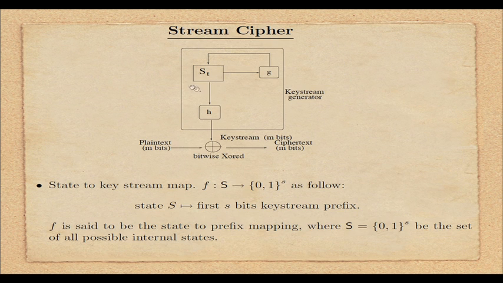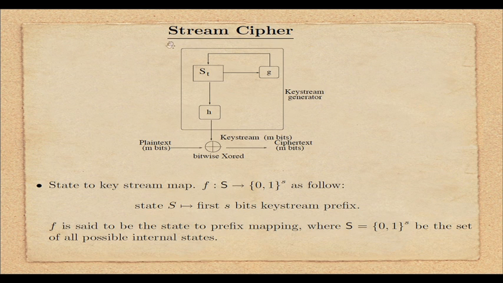Then each clocking, the state is updated by the g function. It takes the value of the state and its output gives the next state values, and for the key stream, it takes the value of the state at that point of time, applies an f function, and generates the key stream. Depending on how many key bits we need, we keep running this, and then that key stream is XORed with the plain text to get the ciphertext bit.